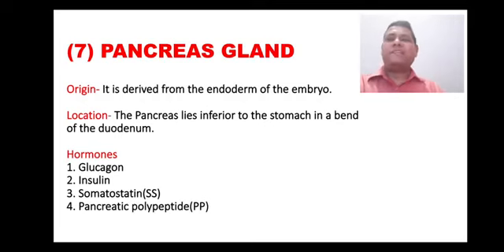Target cells: insulin acts on the cells of the liver, muscles and adipose tissues. And somatostatin (SS) is the same substance as the growth-inhibiting hormone from the hypothalamus.